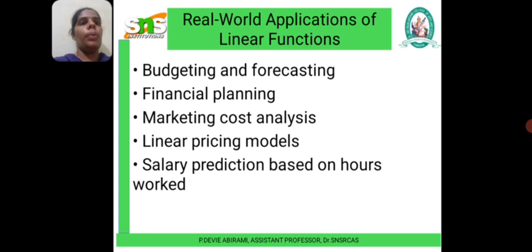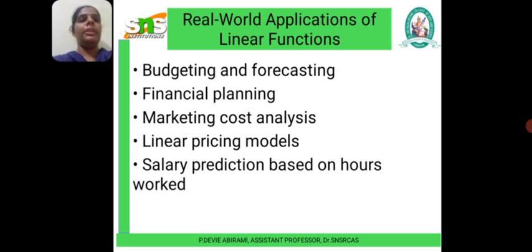There are so many real world examples for this linear function. We can predict the salary based on the hours worked. For example, the salary of a person in the year 1993 is 1200, and in 1994 the salary is increased to 1250.